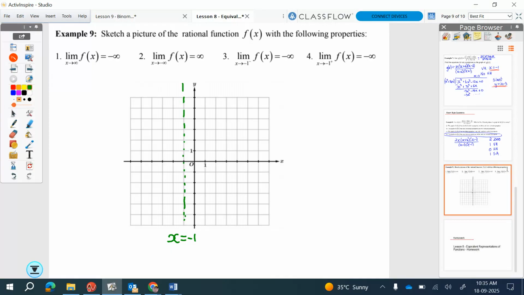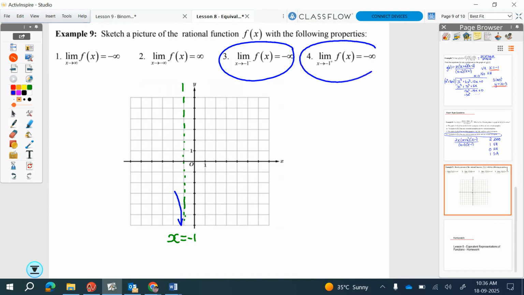Now, how do we approach the vertical asymptote? It tells us that we approach the asymptote from the left, we go towards negative infinity. And when we approach from the right, we also go towards negative infinity. So this statement here tells us that the curve is doing this.